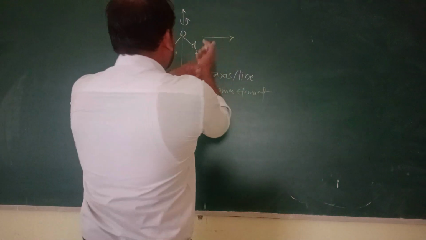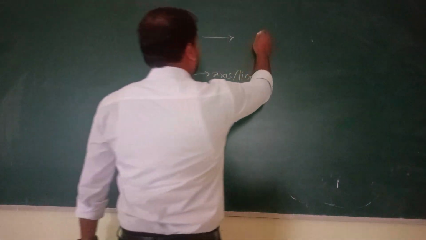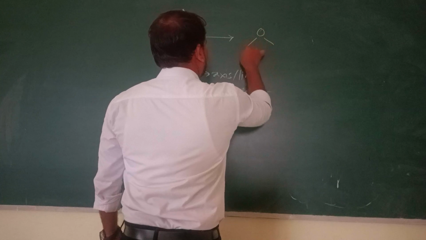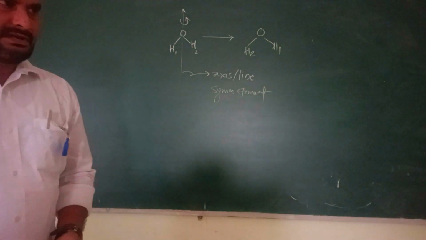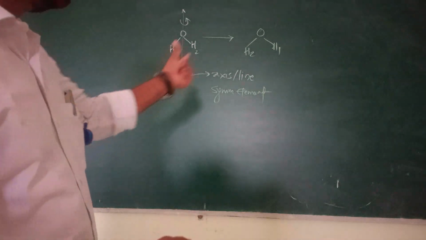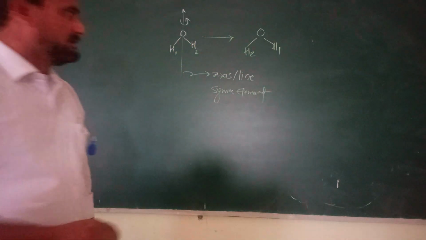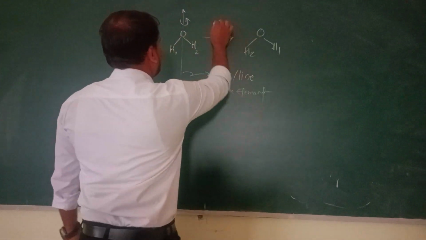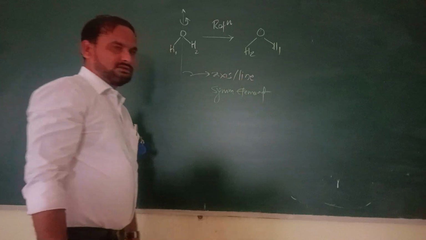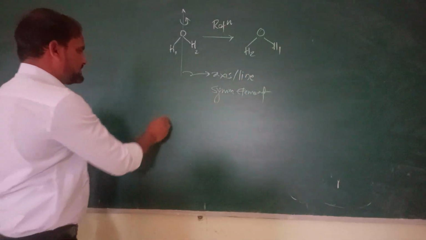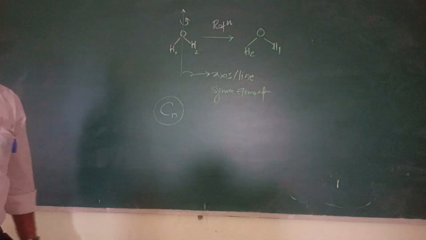So if I rotate that particular molecule, what happens? I will get this. If you compare the first molecule and the second molecule, they are equivalent, and that phenomenon is called rotation, which is denoted by Cn. What is that Cn?